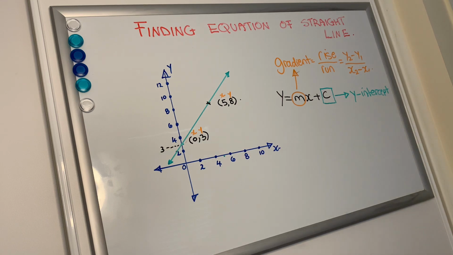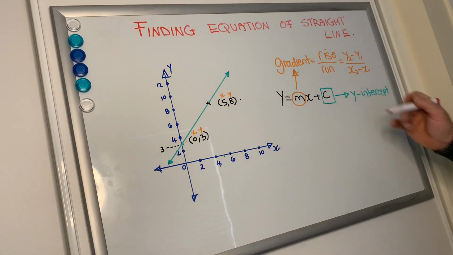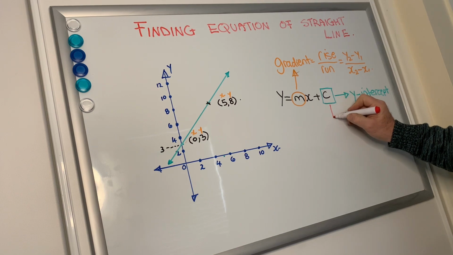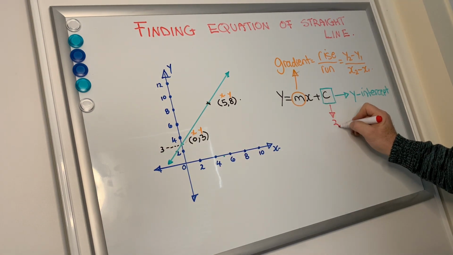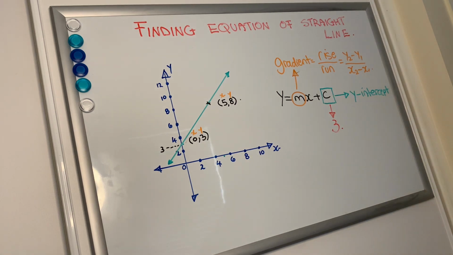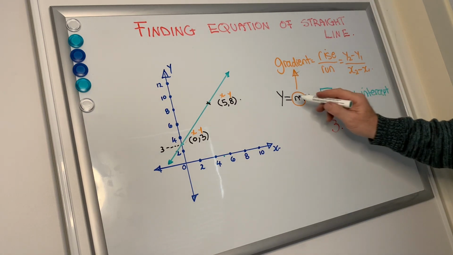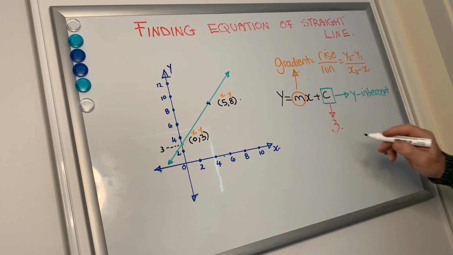I'll just find my red texter. We already know that this value of c, our y-intercept, is 3. Now let's go through and find what the remaining part of this equation is.